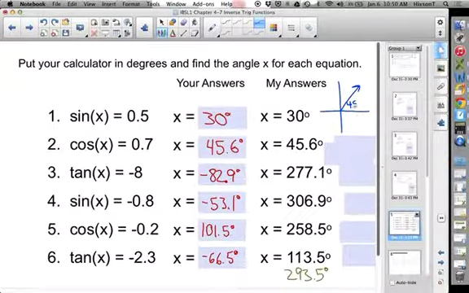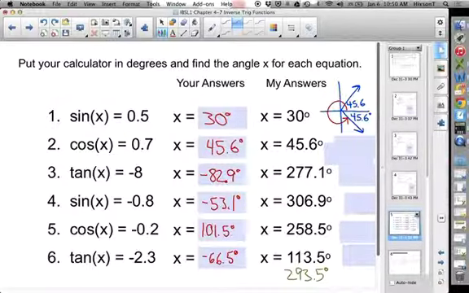Here's 45.6. If I go 45.6 this way, then that gives me my 4th quadrant angle. That would be another possible solution.